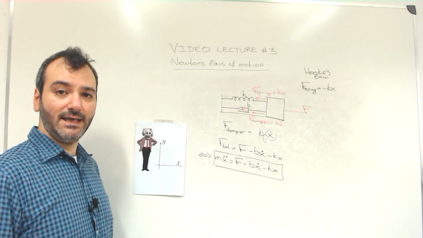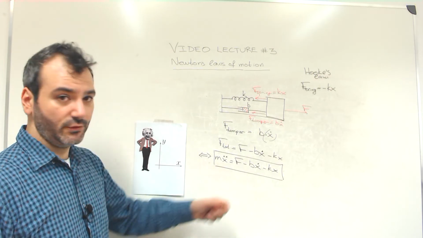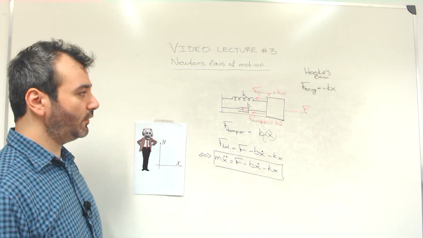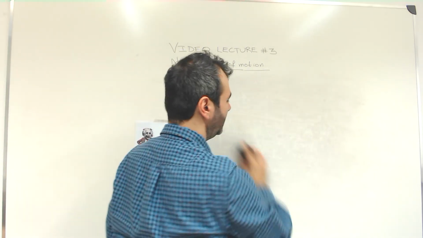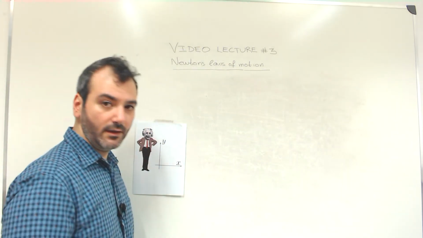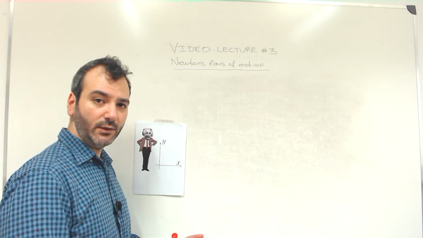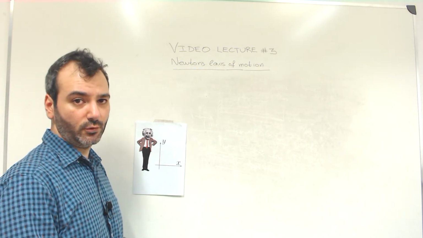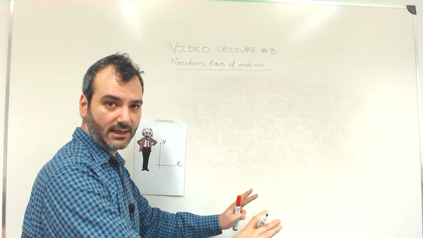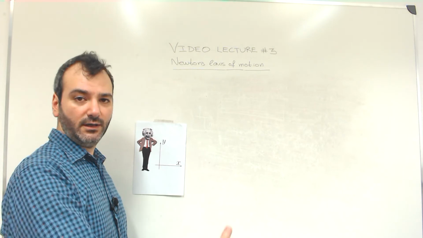And yes, this is again the equation of motion that describes the motion of this object. Very good. We can now solve a couple more exercises, but I will solve them just half, and you can do the same as homework. So I will start the exercise, and then you can try to solve the rest of it.